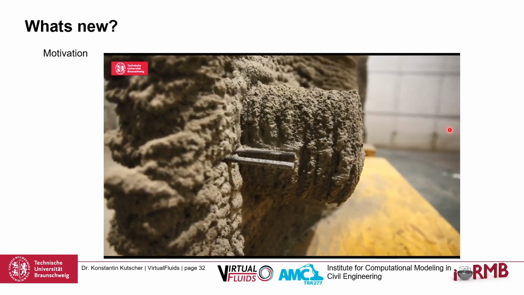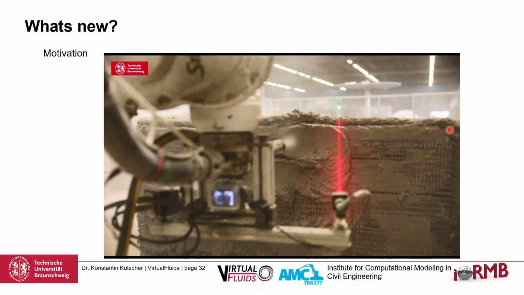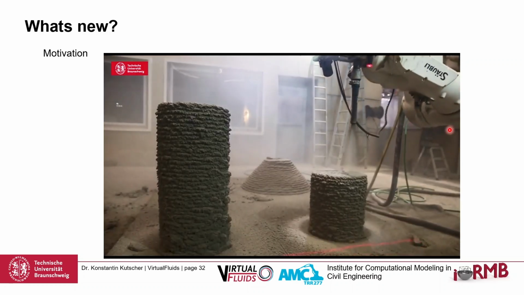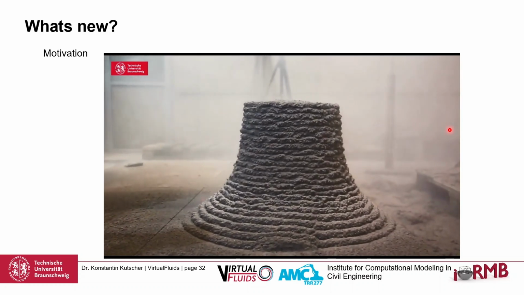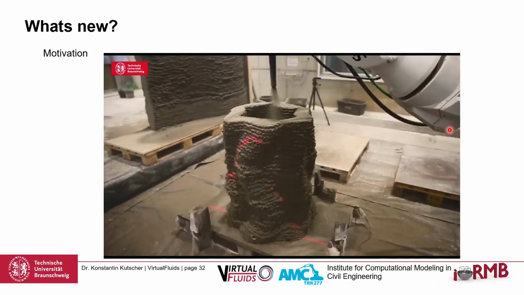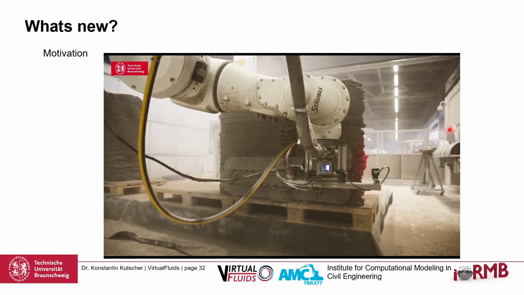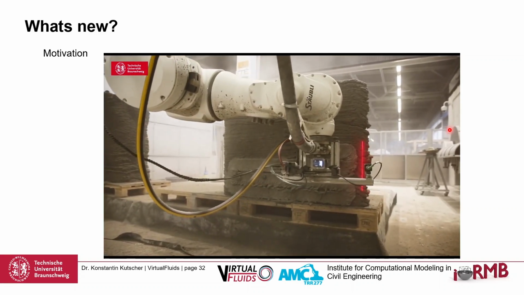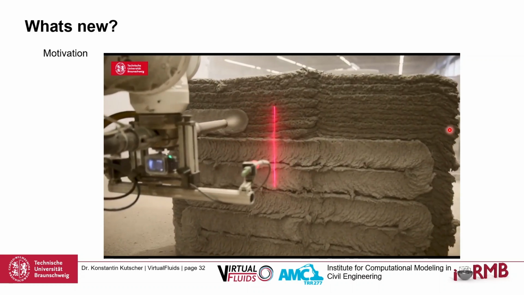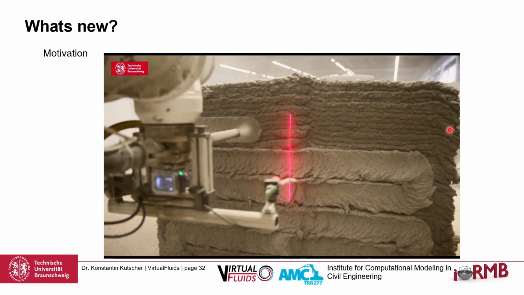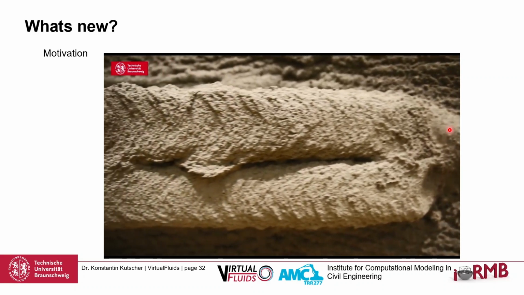So the advantage would be to build something faster, and also to create some crazy shapes. Most 3D printing of concrete is just positioning, and they only print according to gravity. This can print against gravity, in all directions.